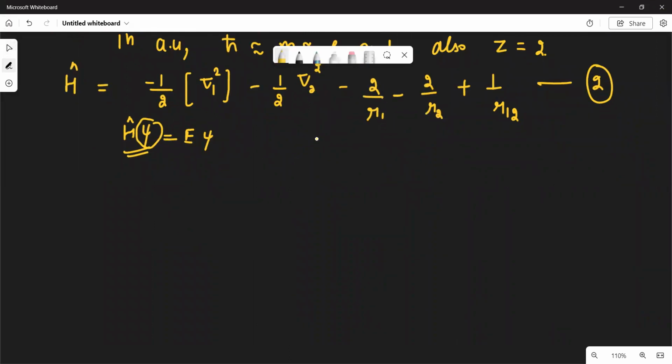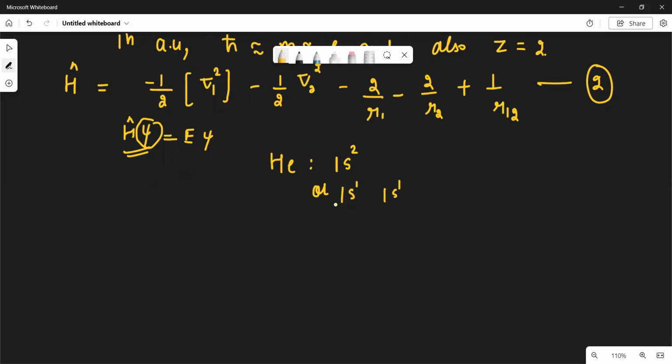Here we know that the helium atom is a two electron system whose electronic configuration can be written as 1s2. I can write it as 1s1, 1s1.